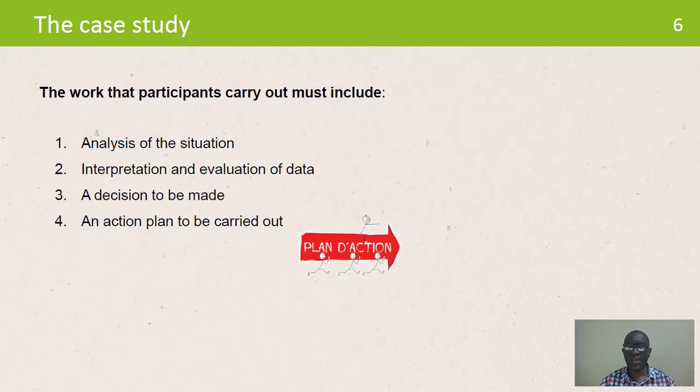The information made available must present the situation to be studied, the problem to be solved, the actors in the situation, and if necessary, the event that caused the problem.